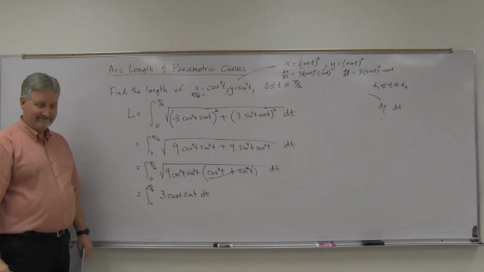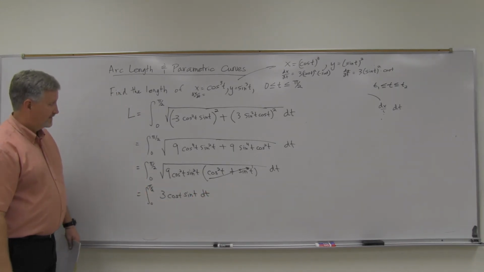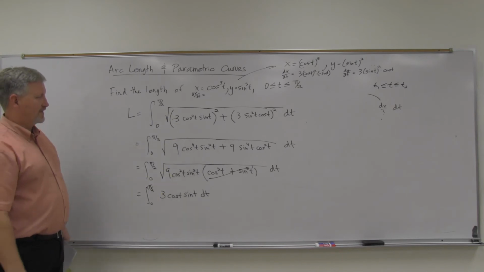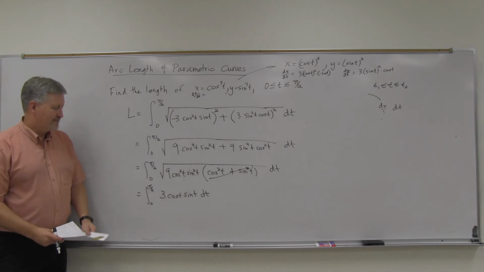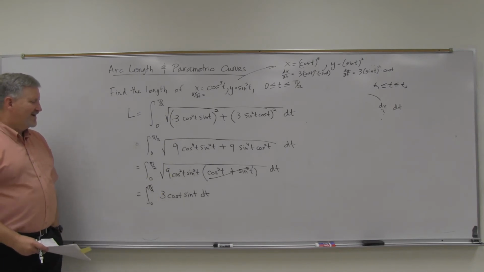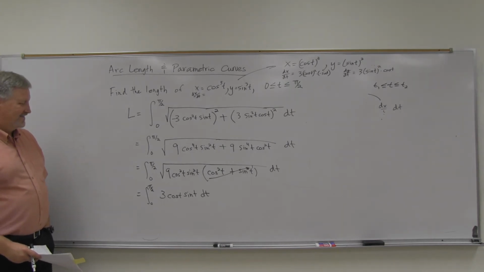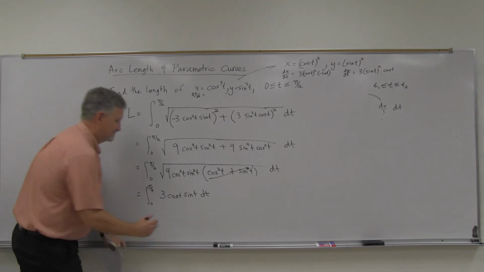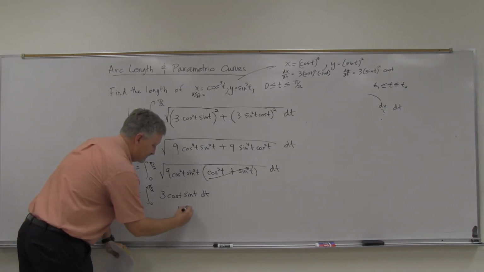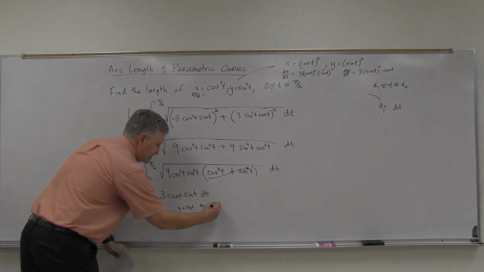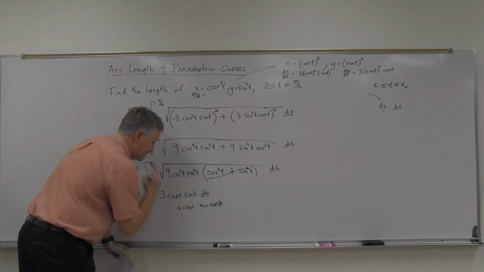So it looked like it was bad, but it was really nice. Okay, now what? U substitution. U equals sine t, so du is cosine t dt.